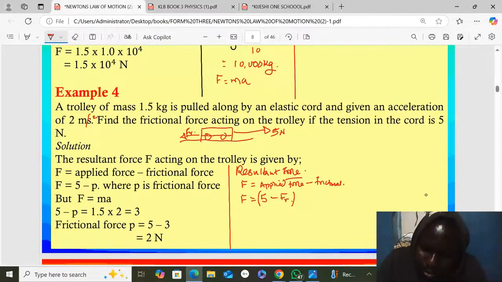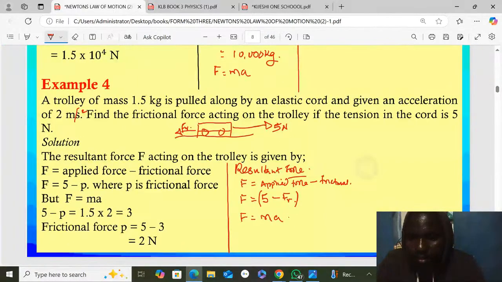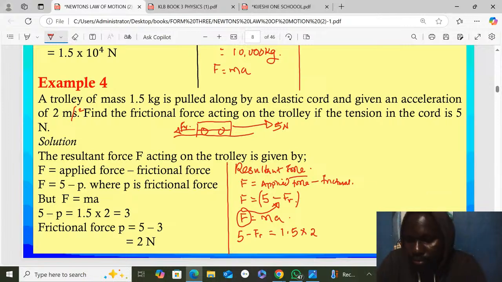Therefore, we know that from the formula of force, F equals ma, we substitute F with this value here. We have the mass, we have the acceleration. So 5 minus frictional force is equal to a mass of 1.5 times 2.